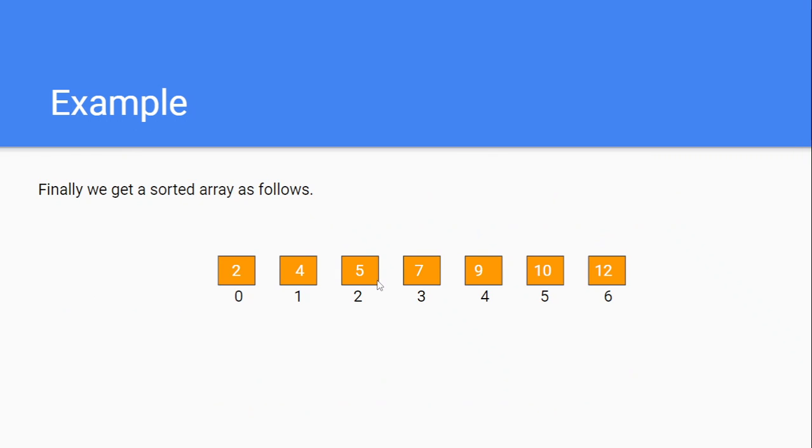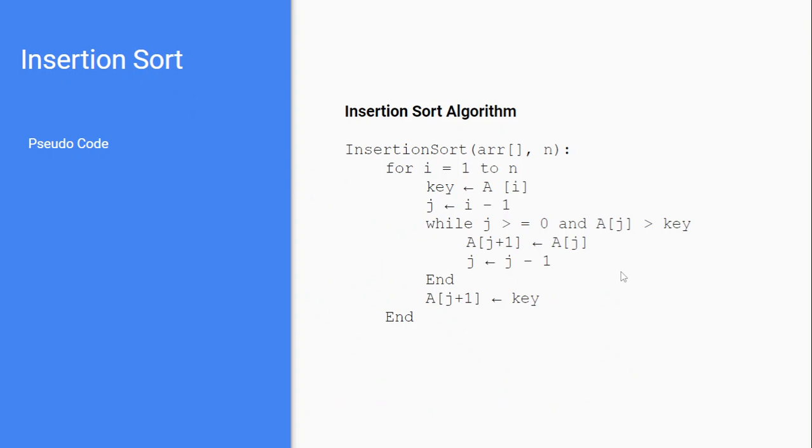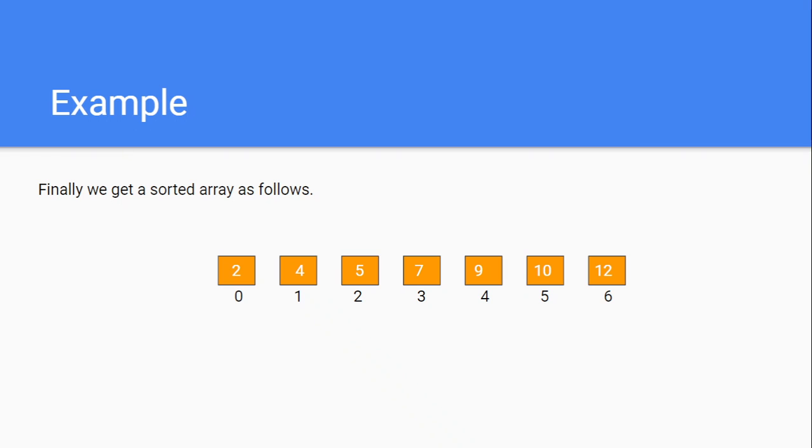Finally we got our array as 2, 4, 5, 7, 9, 10, 12. We have reached the last index 6, so no need to move again, and we got this sorted array.